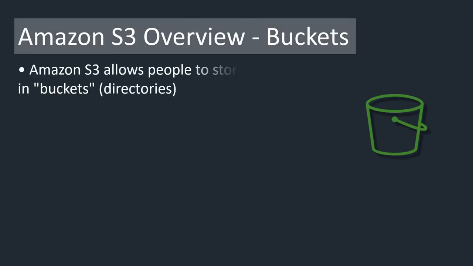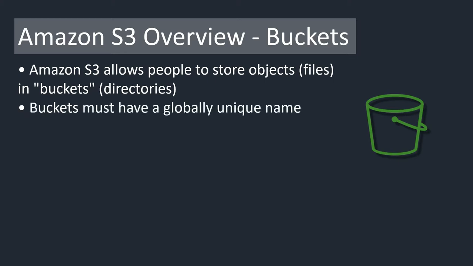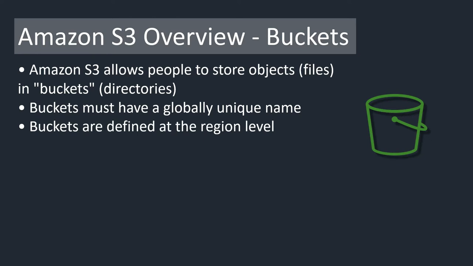So S3 is a service that allows us to store objects, so files, into buckets or directories, and each bucket must have a globally unique name, as you will see in the hands-on. So we cannot create a bucket with a name that is already taken. The buckets are defined at the regional level.